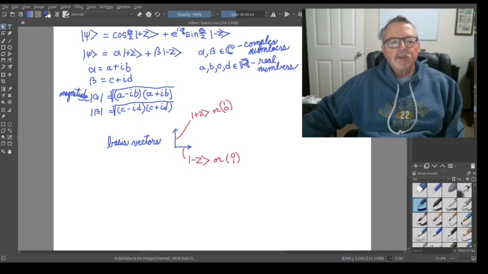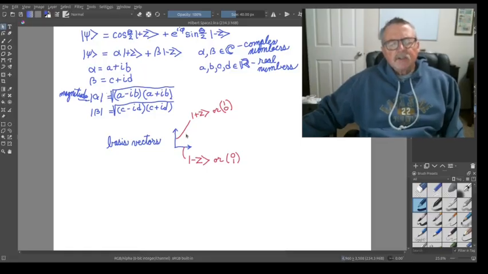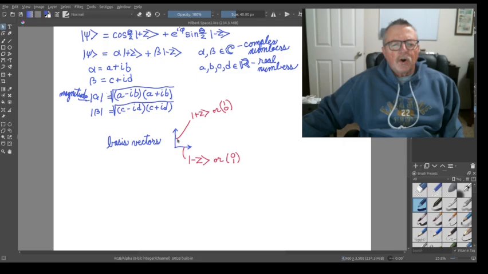But what about this phase thing? All right, I challenge you, draw this picture with a phase. What are you going to do? You're going to have an arrow coming out of the page, into the page. How are you going to do that? The answer is you can't really draw it in any kind of usable method because the phase is going to show a relative difference between an arrow that you draw and another arrow that you draw.